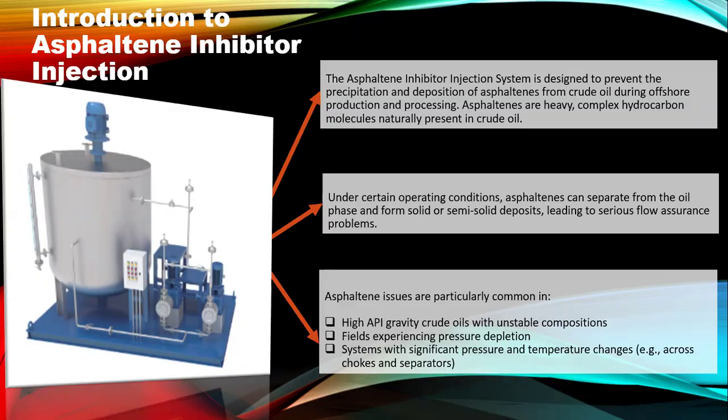So if you have high API gravity crude, let's say from 47 to 50, let's say 52, the asphaltene tend to separate easily to settle on the pipes. Now, fields experiencing pressure depletion and systems with significant pressure and temperature changes, all these are issues common with the asphaltene.